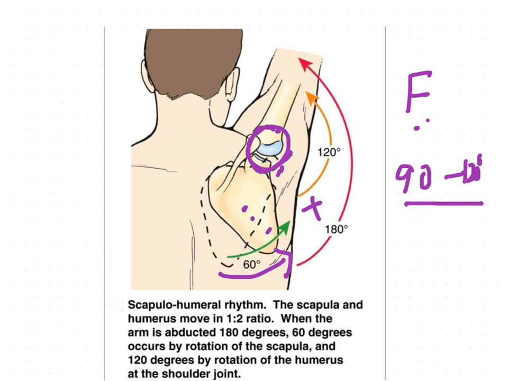So when the arm is abducted to 180 degrees, 60 degrees occurs by the upward rotation of the scapula to expose the glenoid cavity for further range of motion, and 120 degrees by the rotation of the humerus at the shoulder joint.